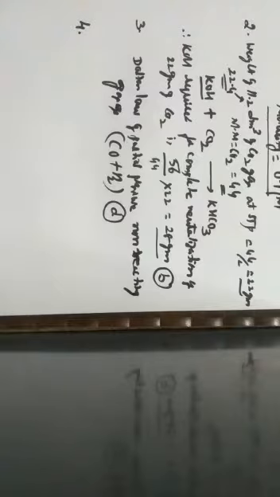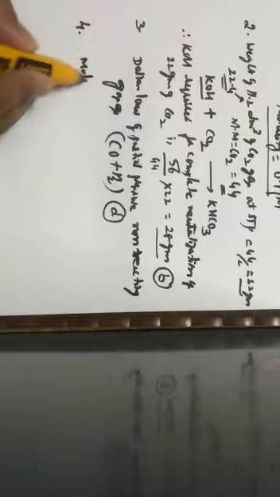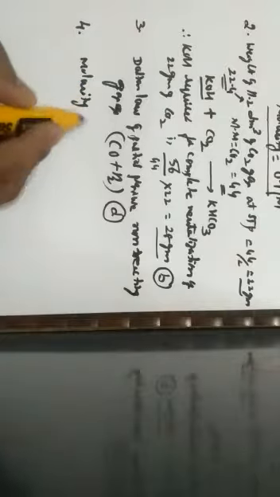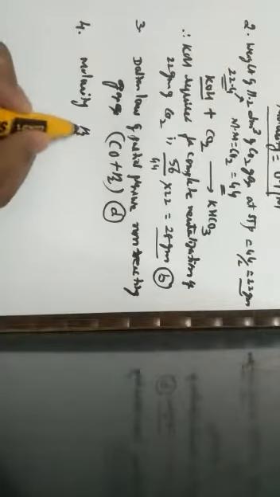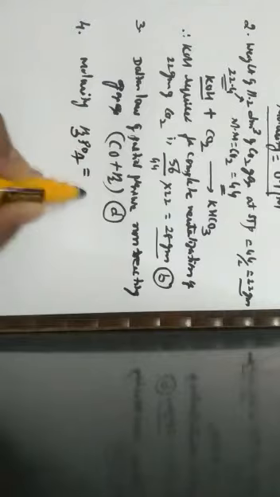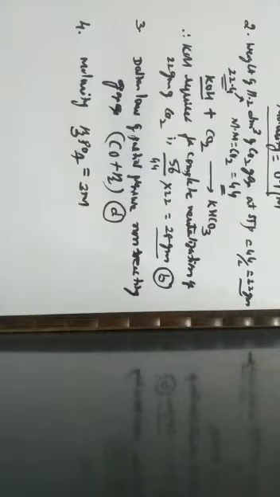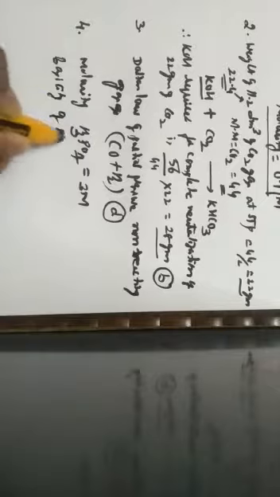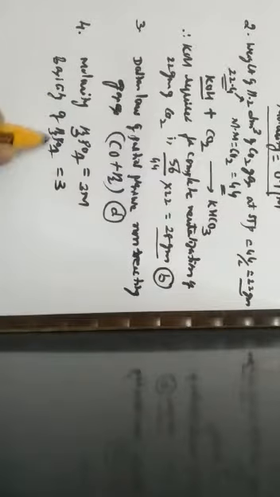Next one, question number 4. Molarity of a given orthophosphoric acid solution, H3PO4, is 3 molar. Its normality is? One should know that since it is an acid, the basicity of orthophosphoric acid is 3, because upon ionization it gives rise to 3 H plus ions.